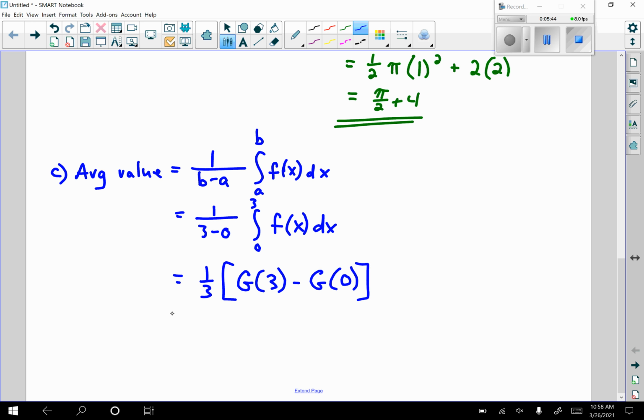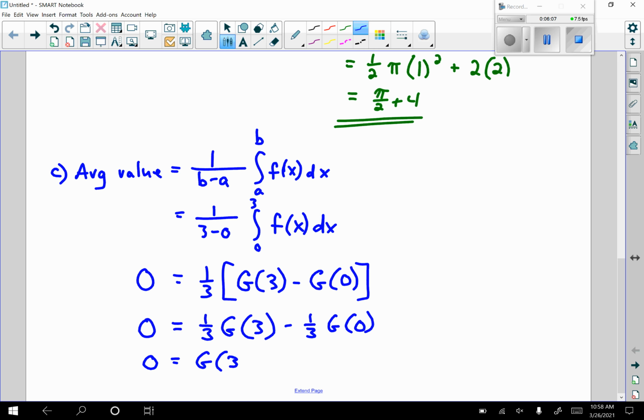Now they told us the average value was 0, so we'll substitute the 0 in here. So then we get 0 is equal to 1/3 of g of 3 minus 1/3 of g of 0. If we multiply everything throughout by 3, we just get 0 is equal to g of 3 minus g of 0, which means they need to equal each other.